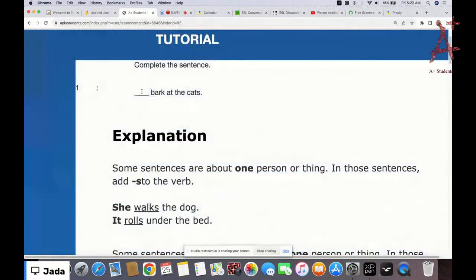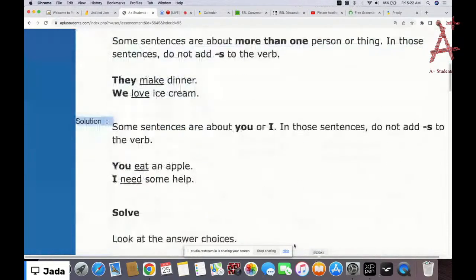So let's see now. Dash back at the cart. Okay. So if you understand what we've been doing in the previous lessons, this one is going to be quite easy for you. Dash back. Now, back, it doesn't have what? An s to it. So you know that the subject is going to be plural.